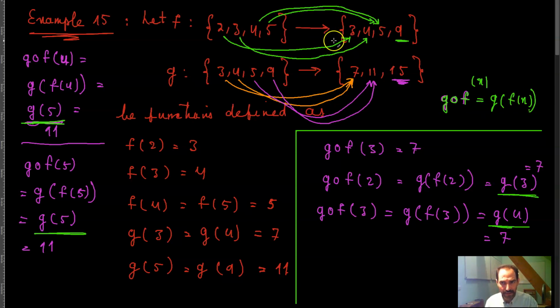Otherwise, if it doesn't exist, you cannot apply g to that value. Well, I don't want to confuse you. Let's see a couple more examples, and then we will know more about these.